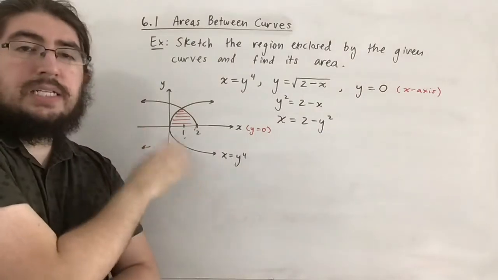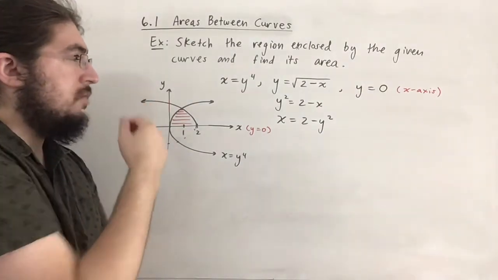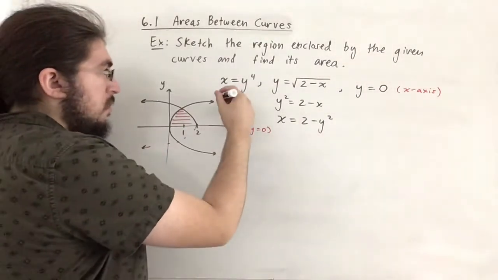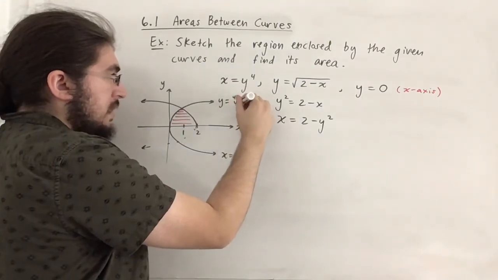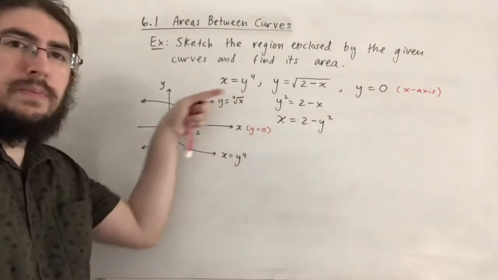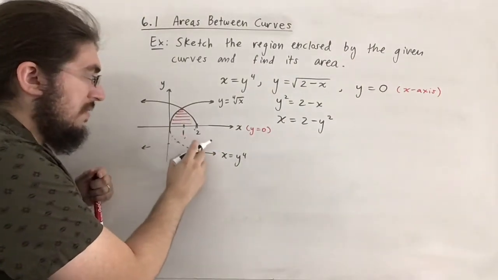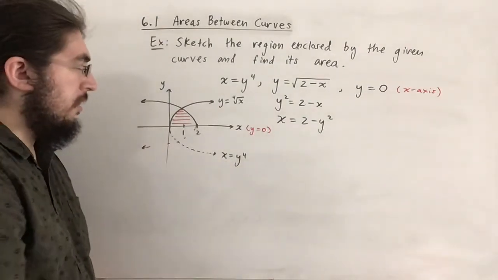Now in order to actually take the integral, we have to write things in terms of x. So we could write this, if you want, as y is equal to the 4th root of x. But that of course corresponds to the positive root, not the negative one. So now this becomes dotted, which is kind of funny.